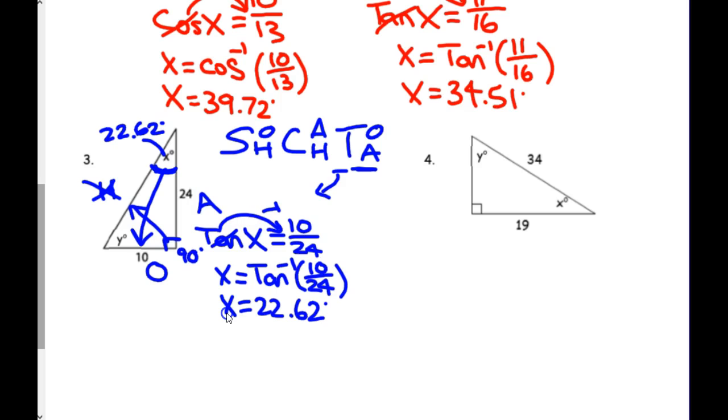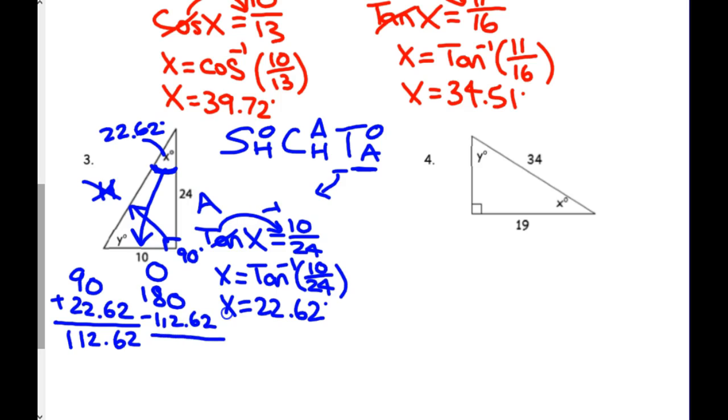Let's include the decimals. 90 plus 22.62 is 112.62. So that's these two angles added up, and now we subtract that from the total, which is 180. 180 minus 112.62 is 67.38. That's my y.